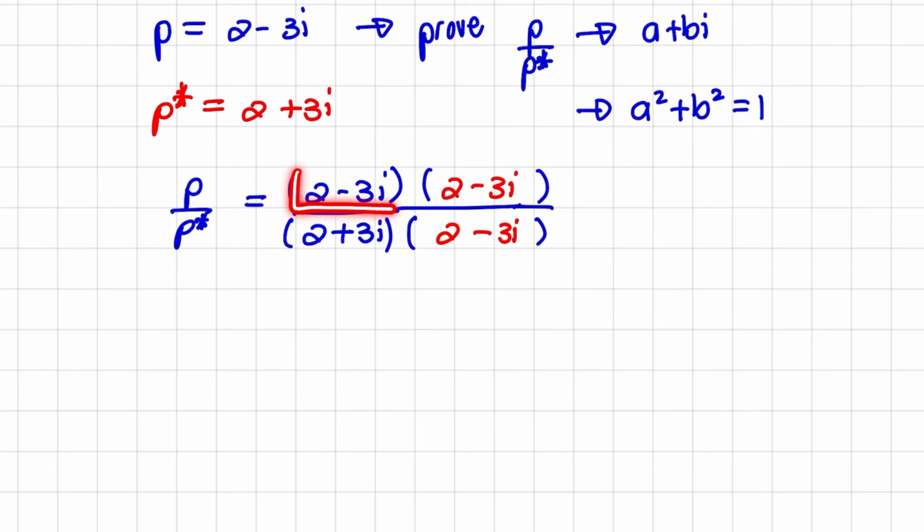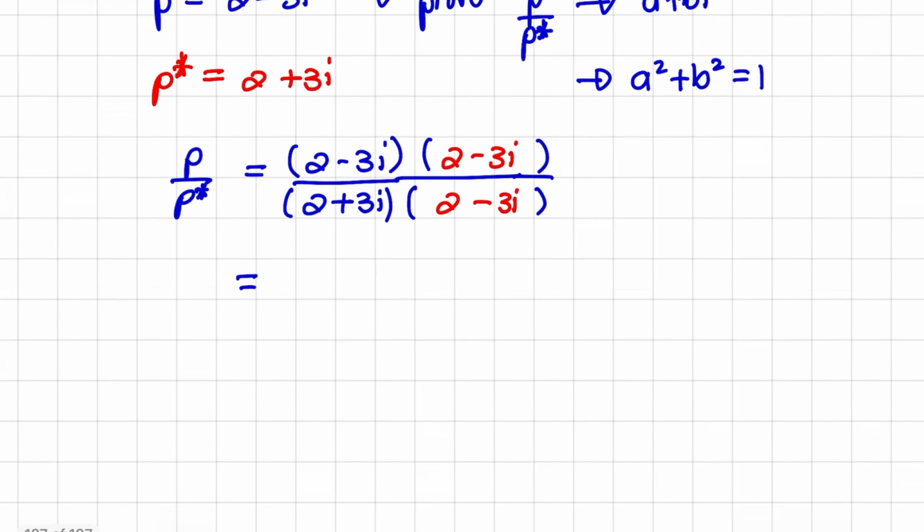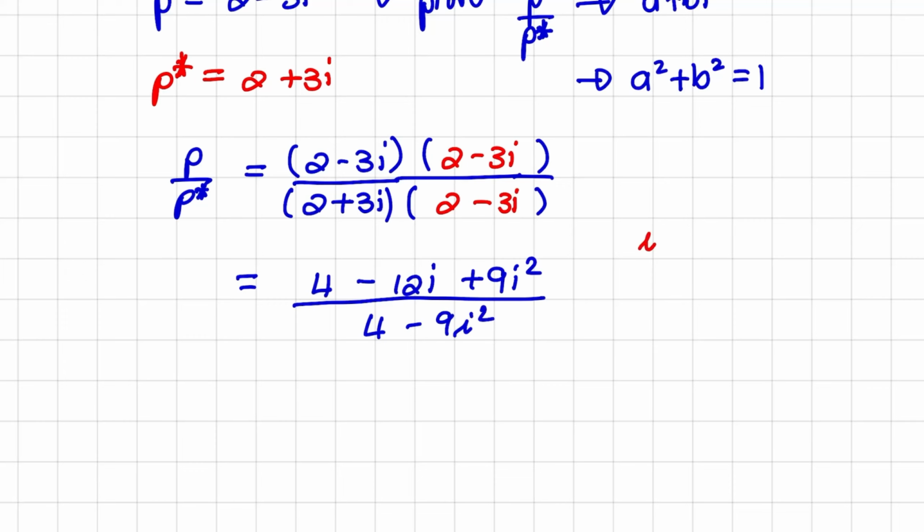And in previous videos, I showed you how to expand brackets with complex numbers. So when I expand, I have 4 minus 12i plus 9i squared in the numerator over 4 minus 9i squared in the denominator, where i squared is equal to negative 1.